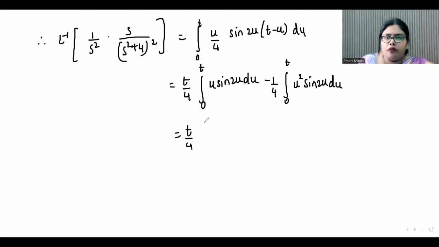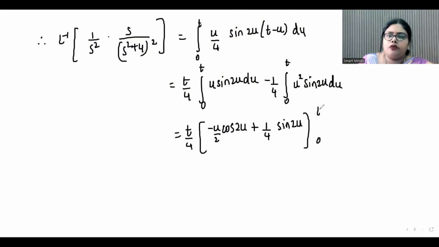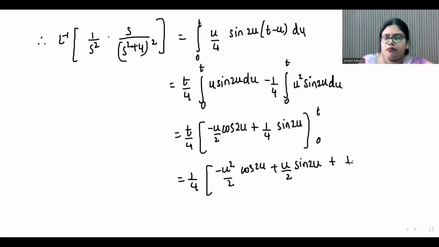That is t by 4 into, if you integrate this, minus u by 2 cos 2u plus 1 by 4 sine 2u from 0 to t, minus 1 by 4 into minus u square by 2 cos 2u plus u by 2 sine 2u plus 1 by 4 cos 2u.